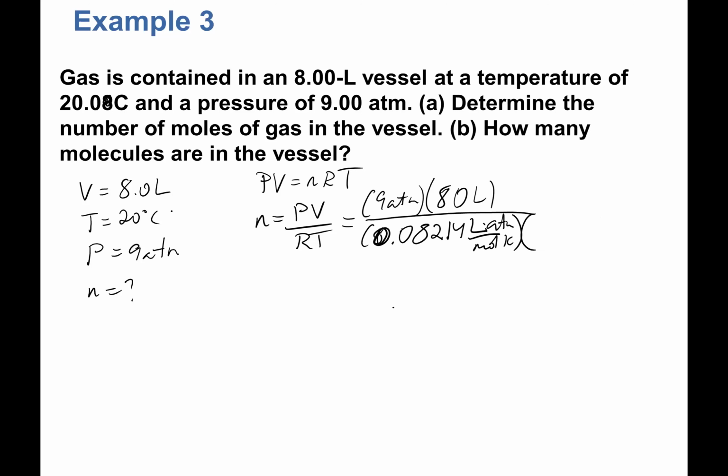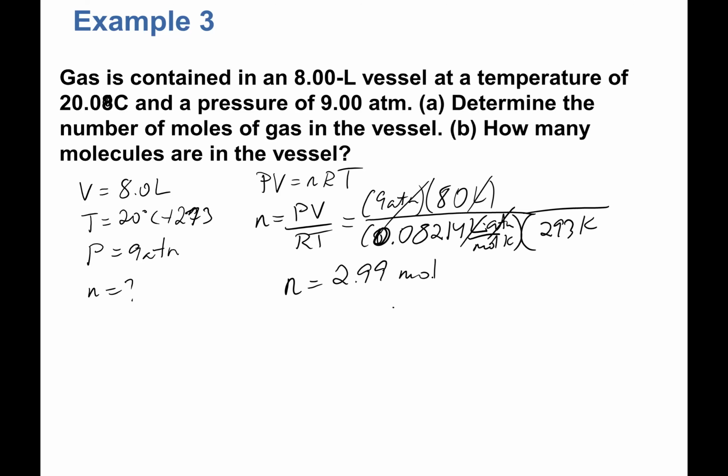The temperature still has to be converted to Kelvin, so it becomes 293 Kelvin. But see here, atm cancels with atm, liters cancels with liters, so you don't have to convert that, and you will calculate exactly the same thing regardless. This gives you 2.99 moles.